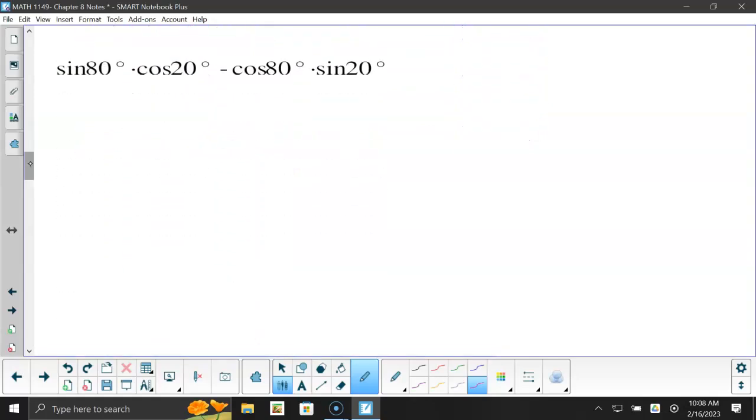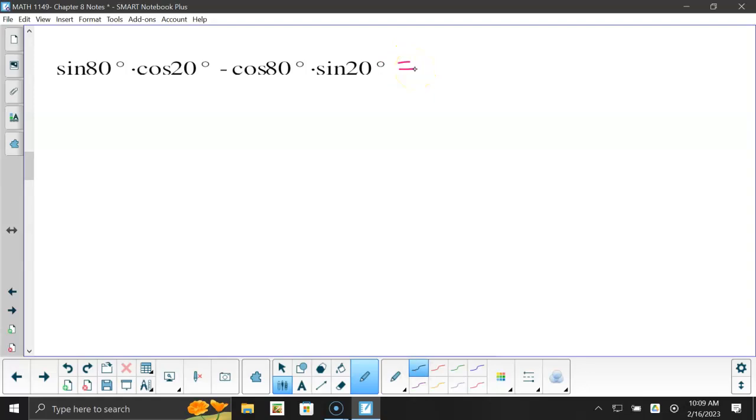All right. Here's another one I want you to try. What are we noticing about this one? Yeah, it's already expanded, so could we condense it down?